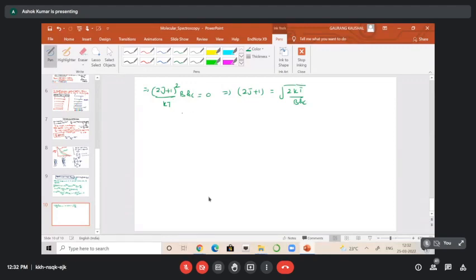Okay, from here you can find that the value of J will be equal to under root of kT upon 2Bhc minus 1 by 2.